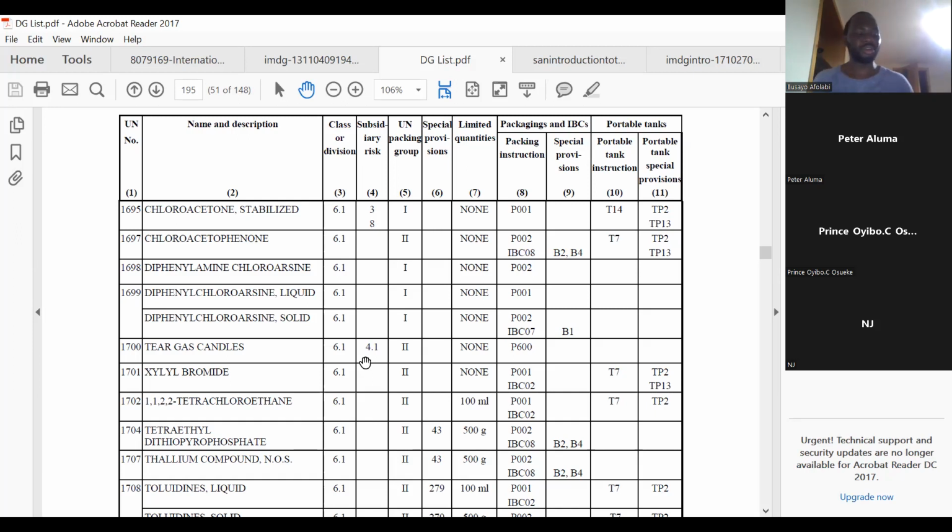For 2.0.1.3, you come back again to your IMDG volume 1. Trust me, this might look a bit cumbersome, but when you practice it over and over again, it's really going to be very interesting.